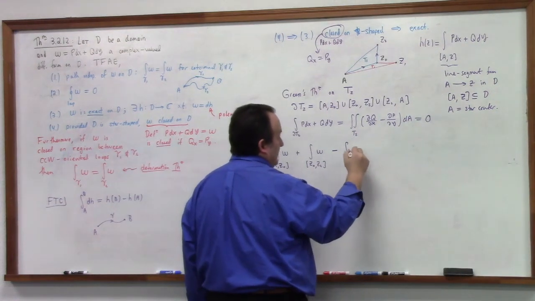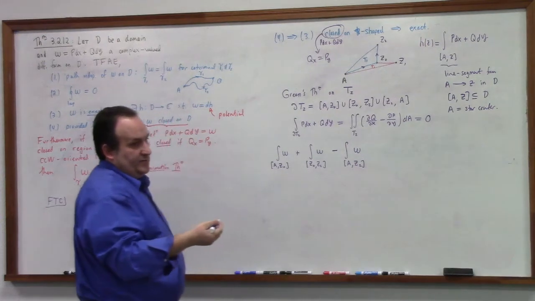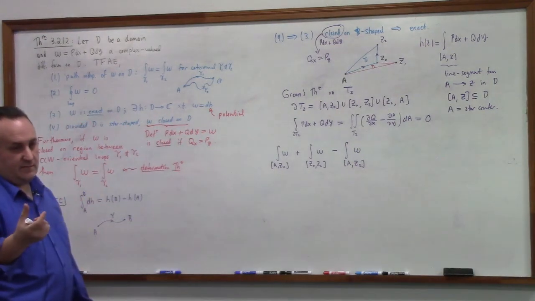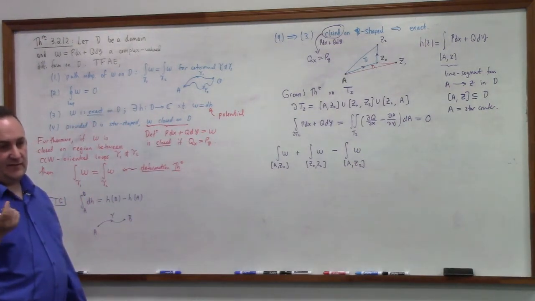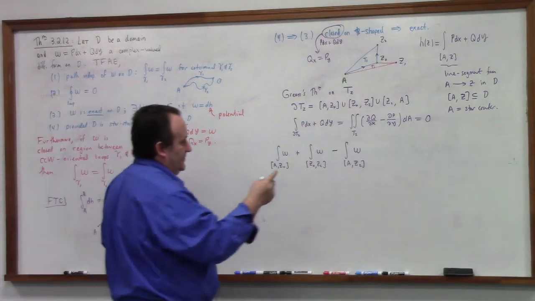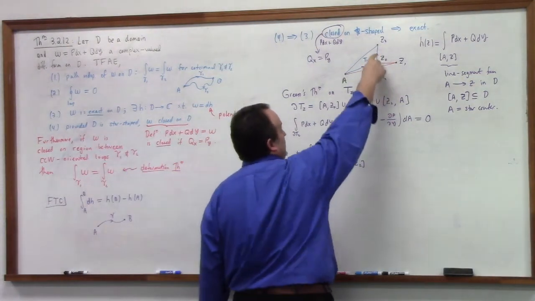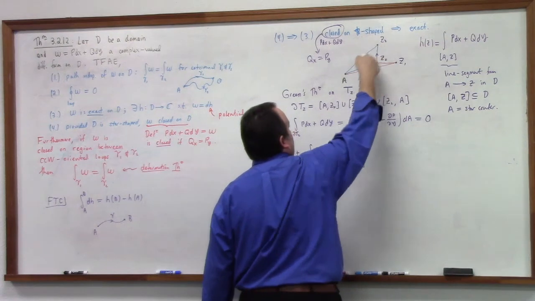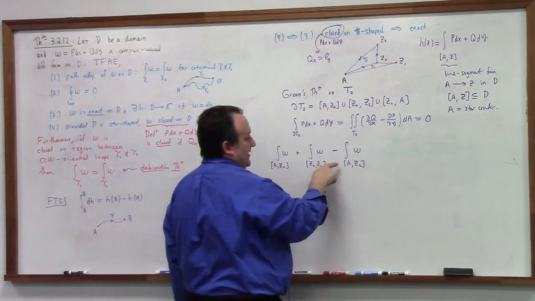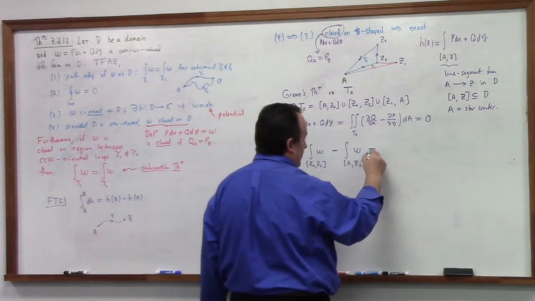See what I did? I used the fact that the integral is oriented, so if I reverse the curve, it gives me minus the integral. The natural orientation goes from z2 to a, which is minus the integral from a to z2. All of this is equal to 0.